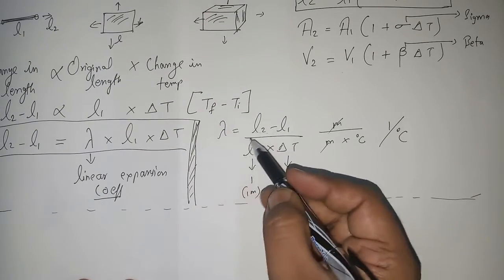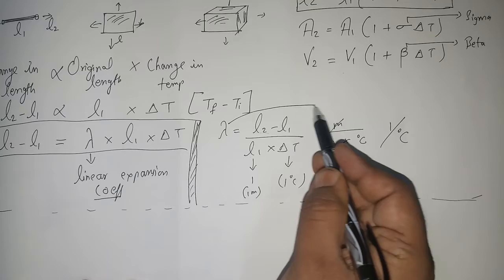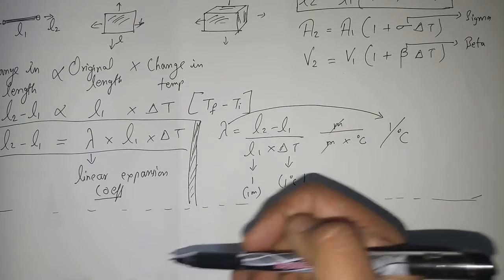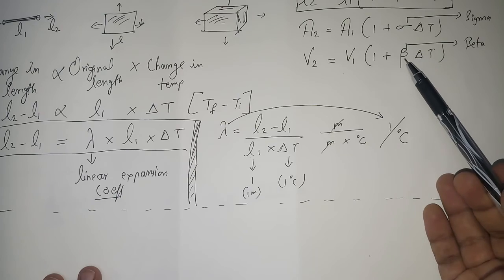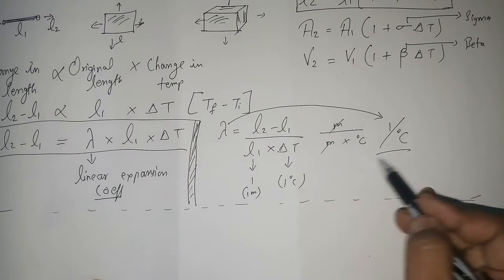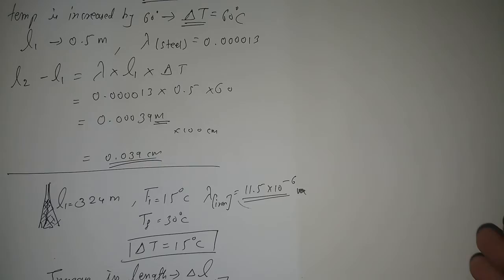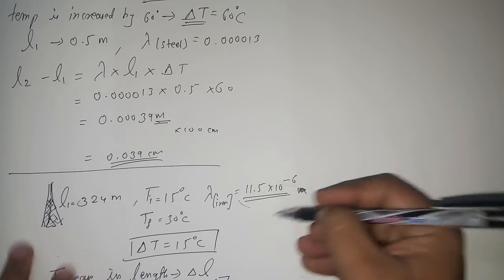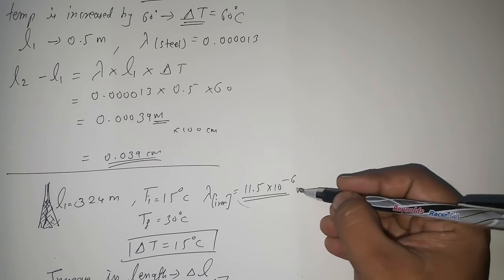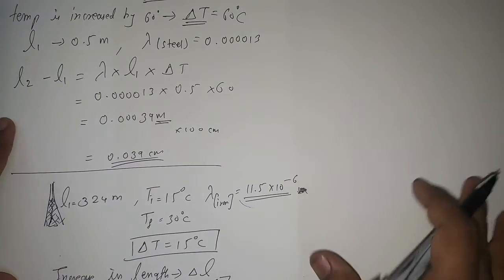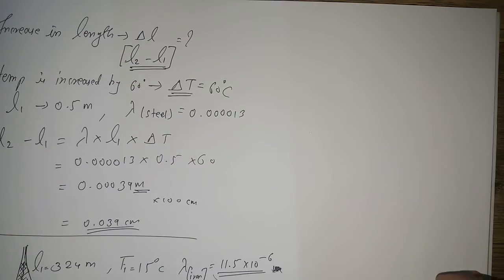It means that the unit of lambda is per degree Celsius, the unit of sigma is per degree Celsius, the unit of beta is per degree Celsius. Important question, right? But this value comes when we do the calculation in meters, so we have to remember it.